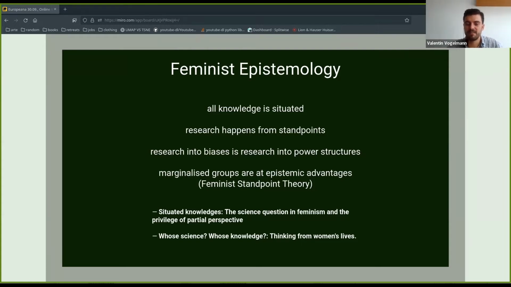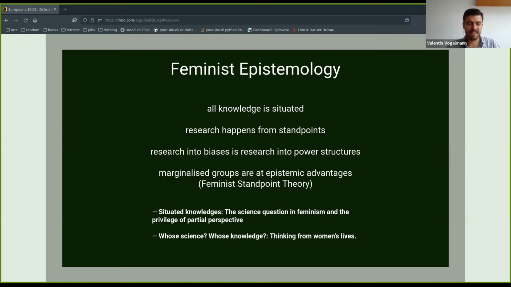And then finally, feminist standpoint theory very specifically argues that the groups in society that are marginalized, so the groups at the margins of society, are actually at epistemic advantages of seeing bias.